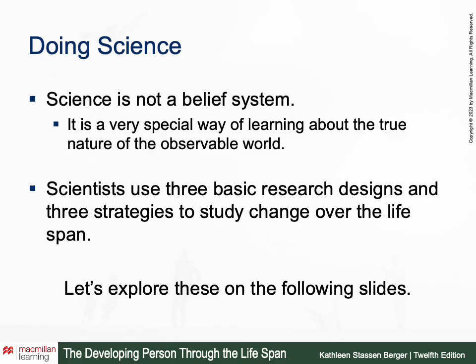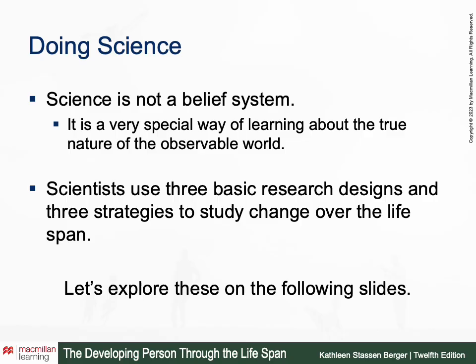So back to some things about science, since you are in a psychology class and we are learning about human growth and development through science. Science is not a belief system. It is a very special way of learning about the true nature of the observable world. So it's not a debate. It's not an opinion.